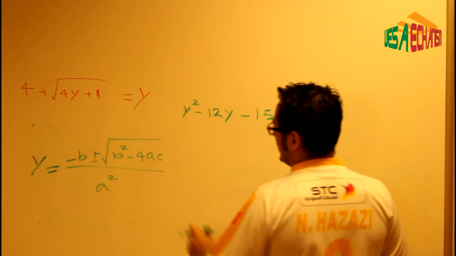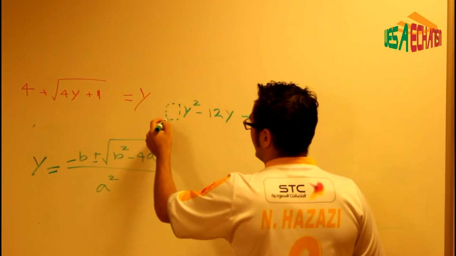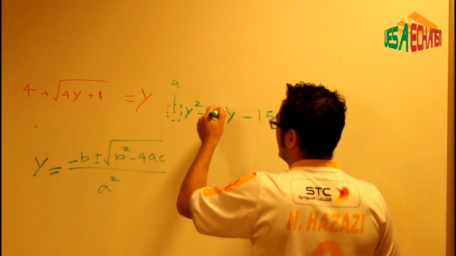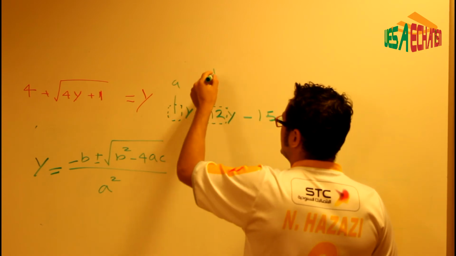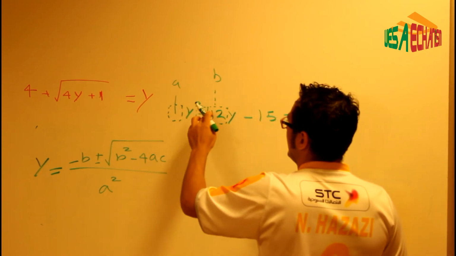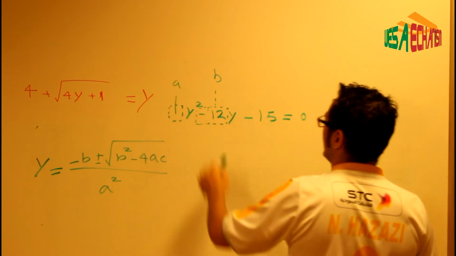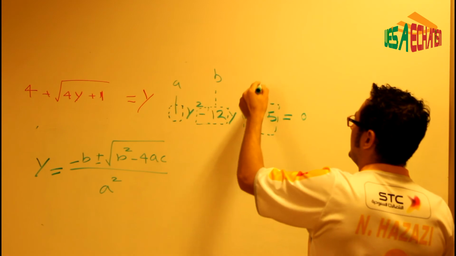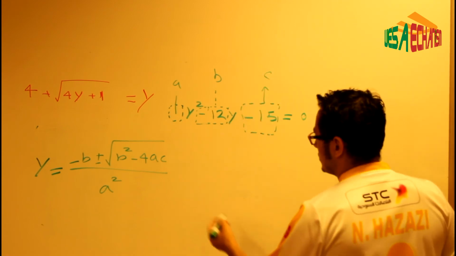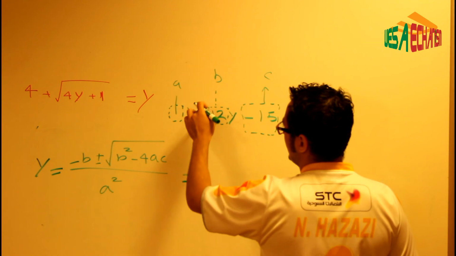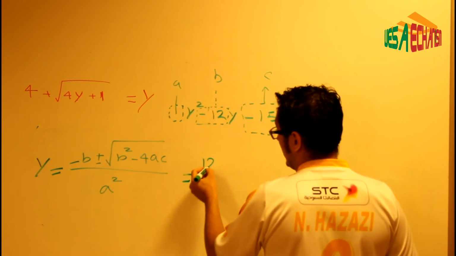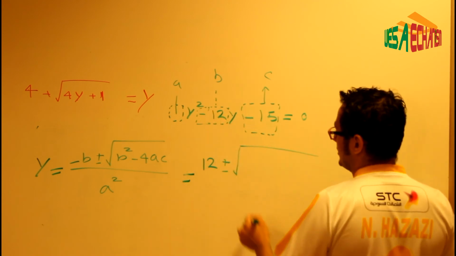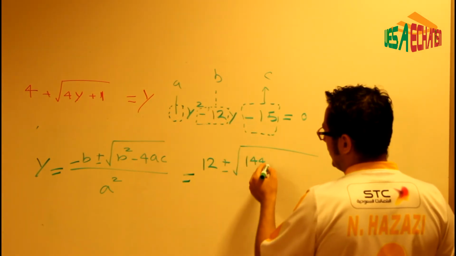So what is a, what is b? The value in here is a. The value in here is b, with the sign, and the value in here is c. So we solve for this. It says negative b. We have negative 12, which is going to be 12, plus or minus the square root of b squared. 12 squared is 144.